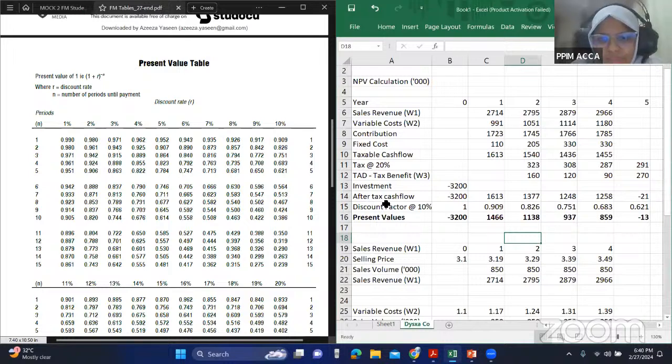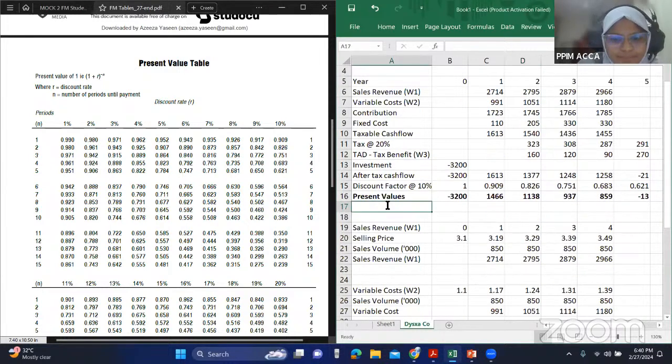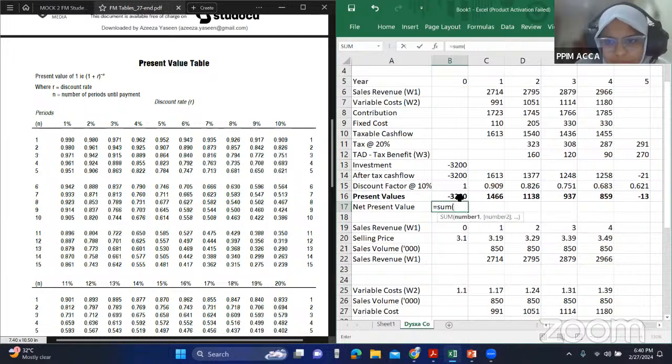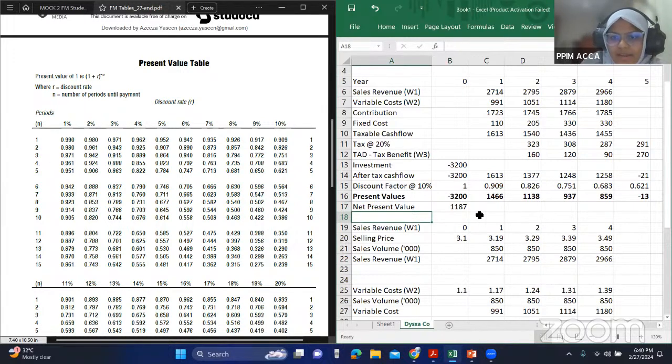Now, if you want the net present value, then you have to take the total of all of these figures. So that will be a positive 1,187.